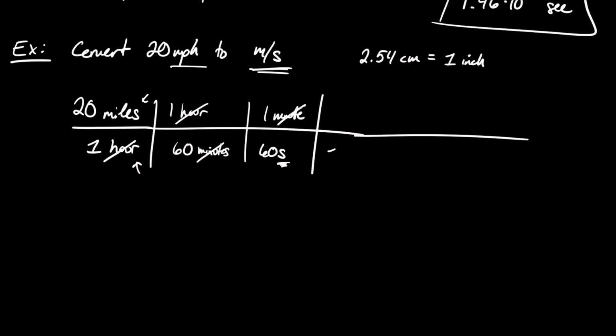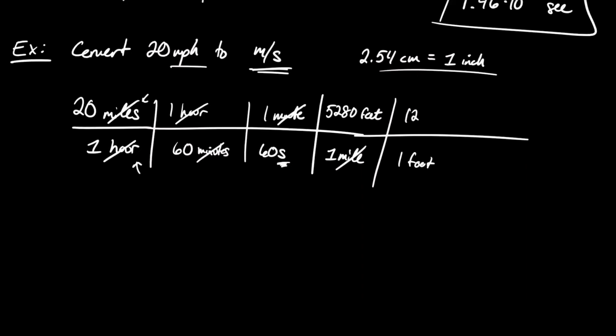All right, we want 1 mile, and we're going to have the intermediate goal of getting to feet and then to inches, so then we can use this conversion to hop over to centimeters. So in 1 mile, there's 5280 feet. Okay, now we've canceled miles, we're at feet. Let's work feet to inches. In 1 foot, there are 12 inches.